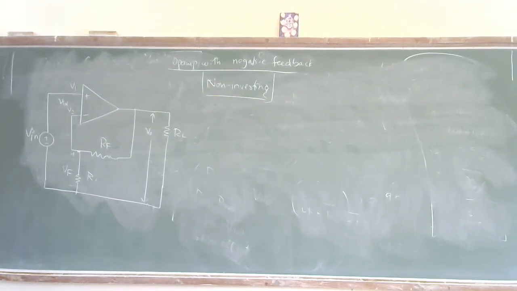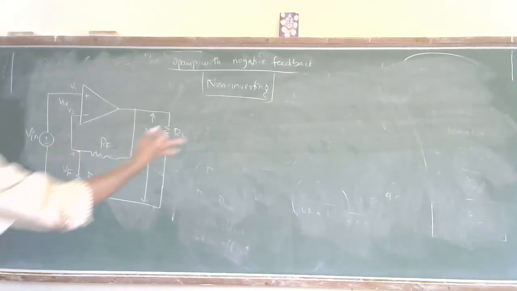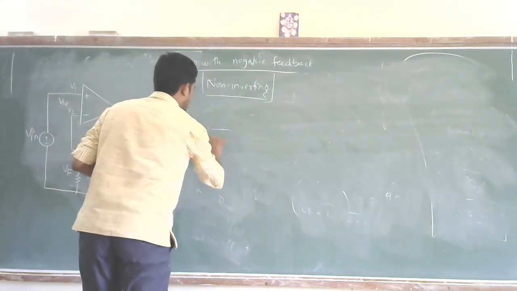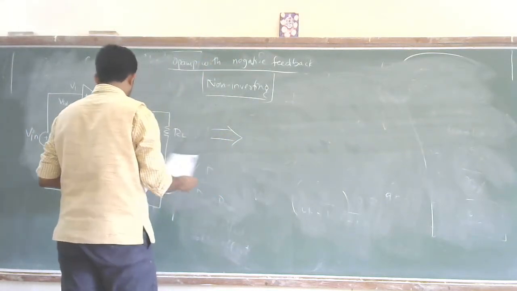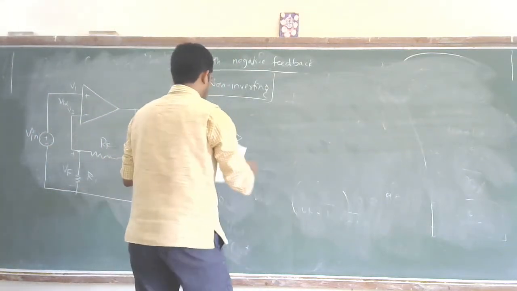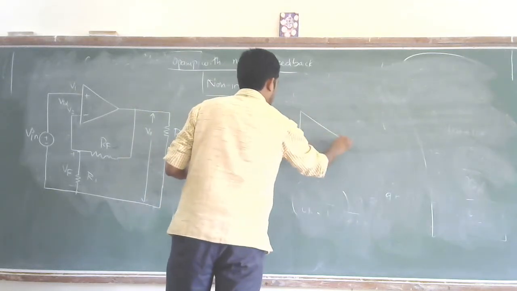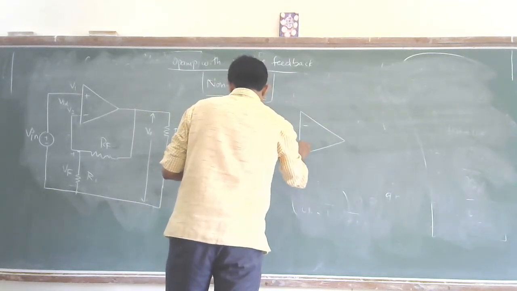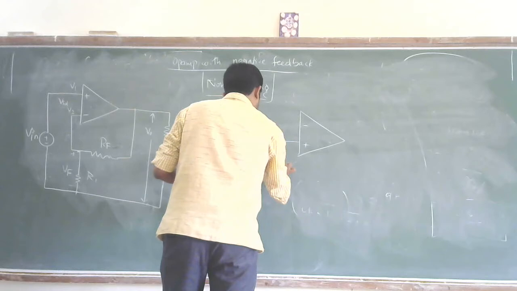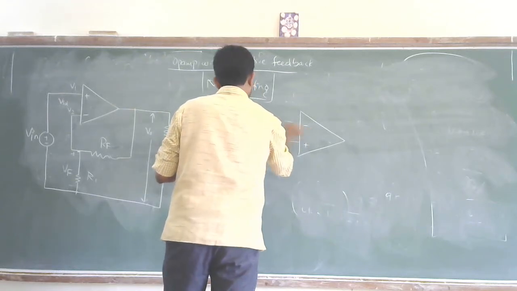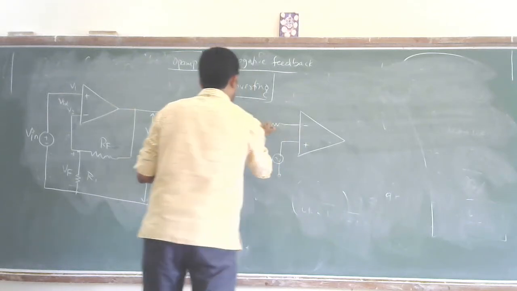Now the same circuit, what modification he has done with respect to the one which you have learned. See, this is the same circuit. Let me draw it here. So carefully observe, and you will come to know whether this was the same circuit that you have studied in your first semester course.